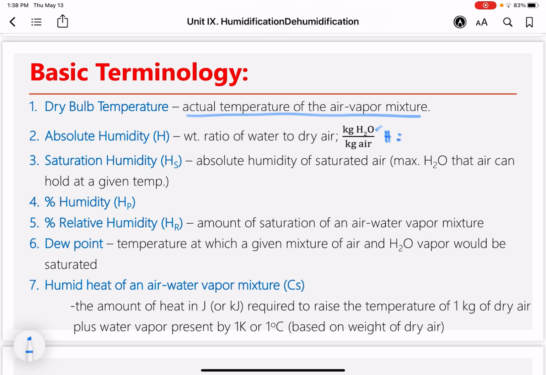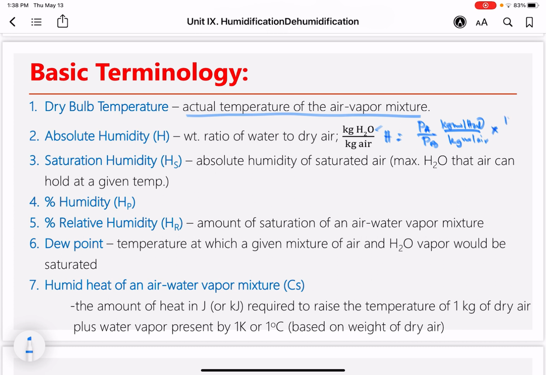You have pressure of air over pressure of B. This is actually in kilogram mole water per kilogram mole air, times, of course, the molecular weight.